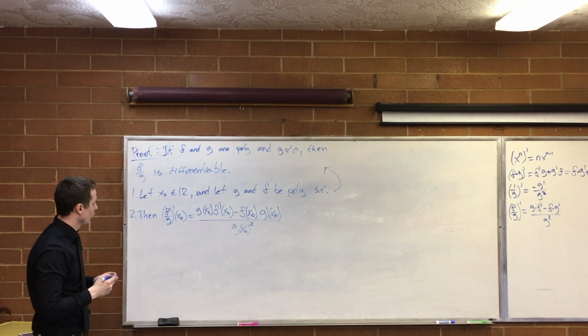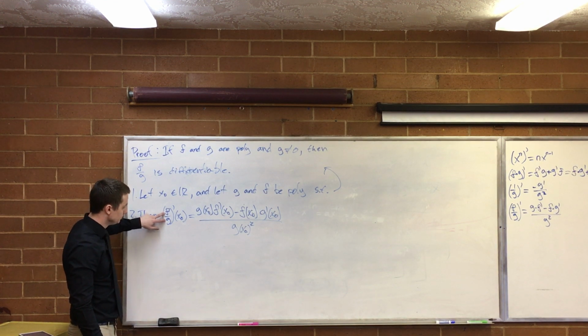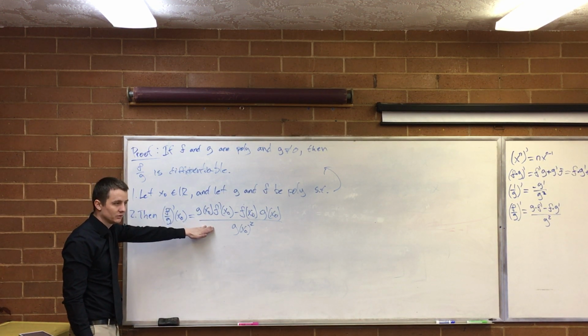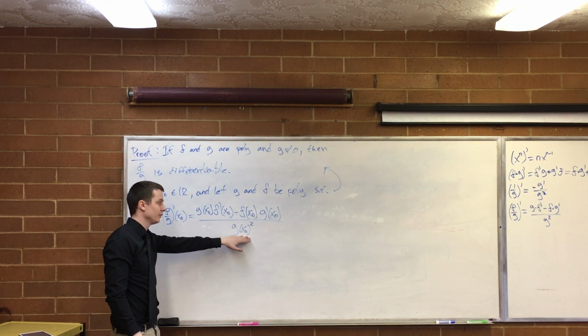So the derivative of the quotient of these two polynomials is going to be this. Since we know that g is never 0, this is okay, we're not dividing by 0.